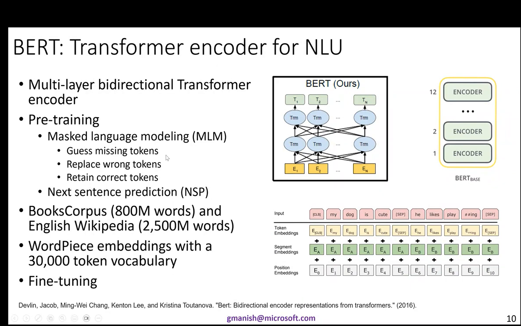They made the model learn English using MLM and NSP. Masked language modeling is much like how you would make a kid learn: hide some tokens in a normal English sentence and make the kid guess the missing words. Or next sentence prediction: given two sentences, hey kid, do you think the second sentence follows from the first one? That was a very obvious way of making a model learn English.